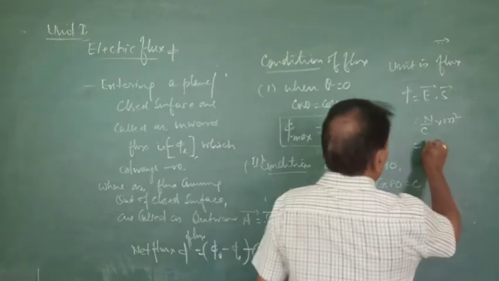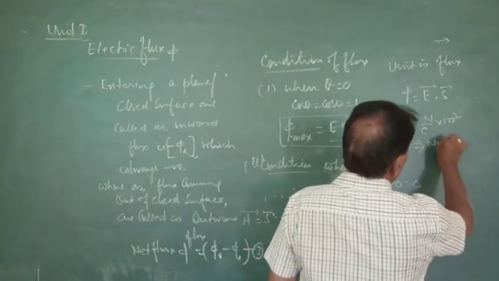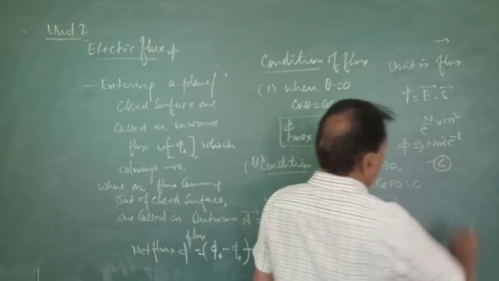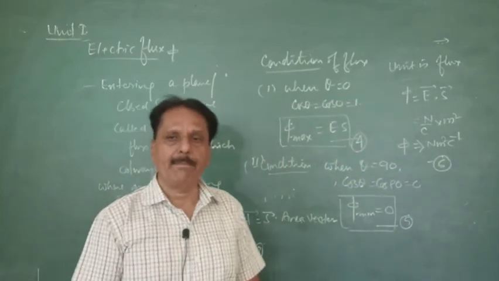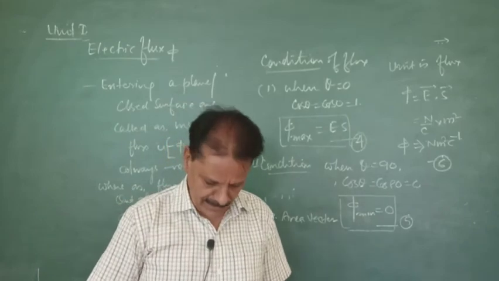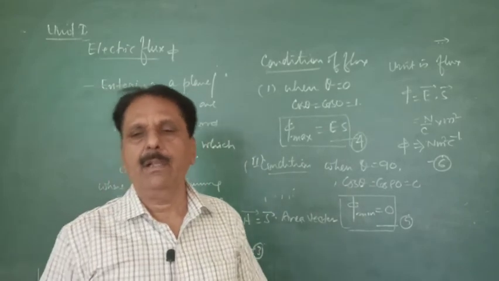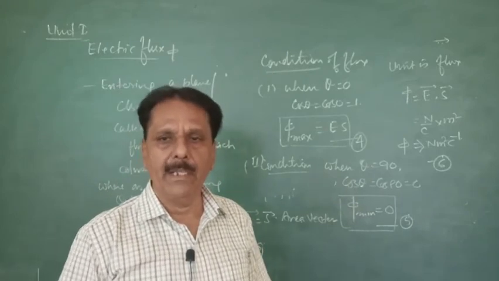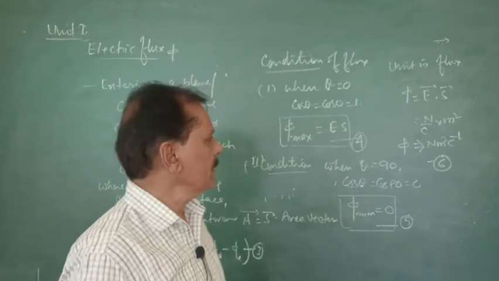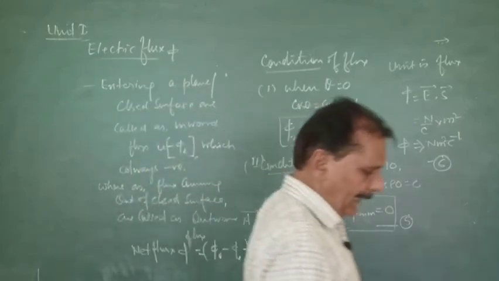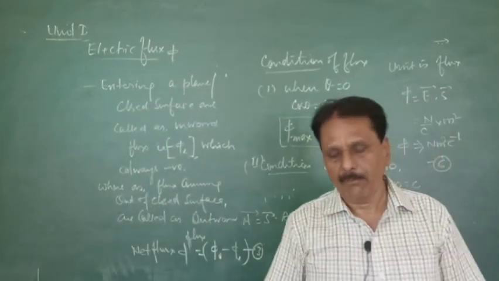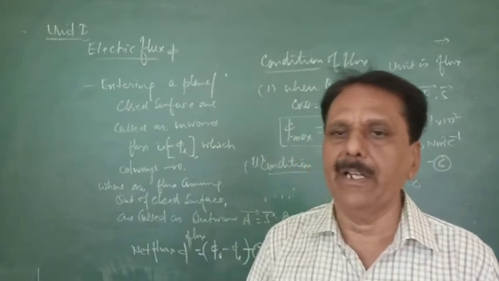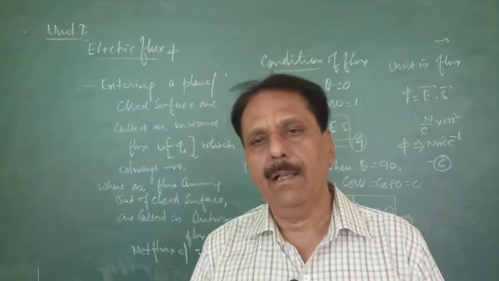Therefore, combinedly we can write it as Newton meter square Coulomb inverse. So by this concept, we can fully define an electric flux by a plane surface or by a closed surface, which is mostly used in application of the Gauss law, where we find the electric field intensity by the flux.